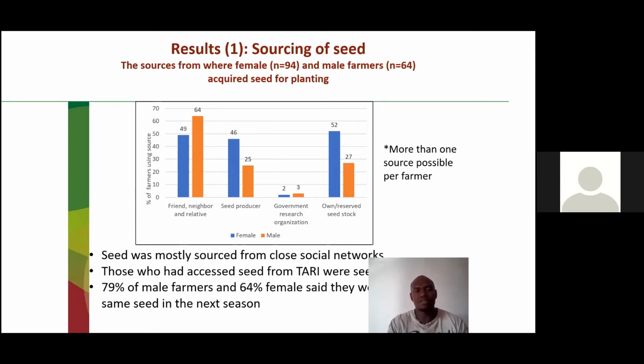These are close connections. This was followed by conservation of own seed. And those who had accessed seed from TARI, the Tanzania Agricultural Research Institute, were mostly trained seed producers.